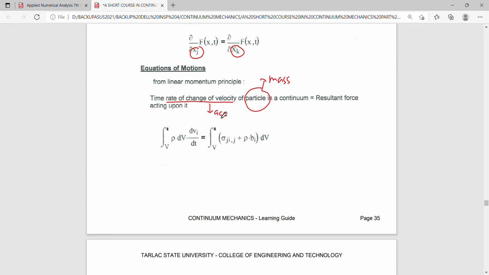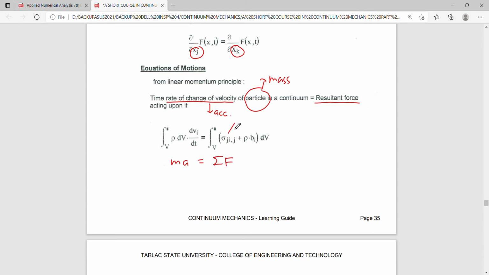Okay, and the mass times the acceleration is simply the force upon which the motion of the system is actually dependent. Okay, so simply, mass times acceleration is equivalent to the summation of forces within the system.